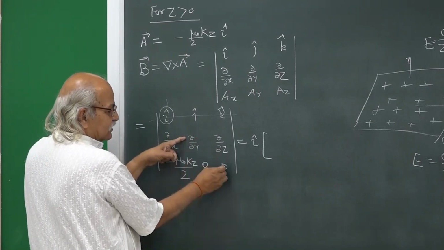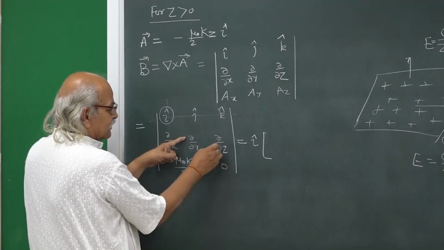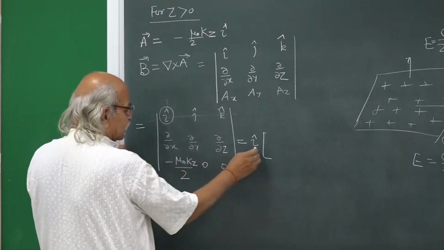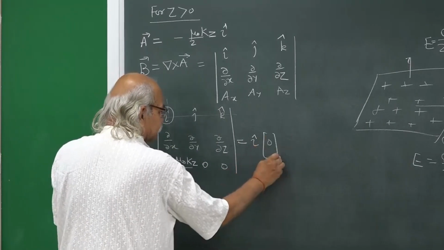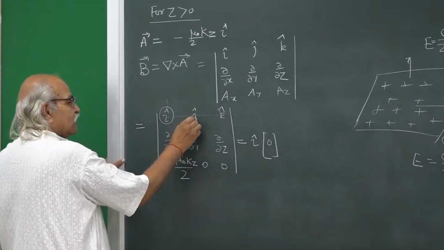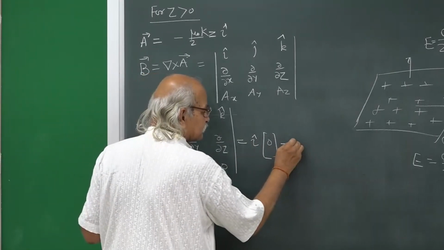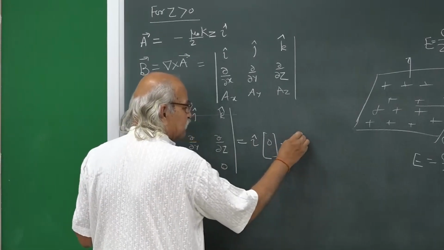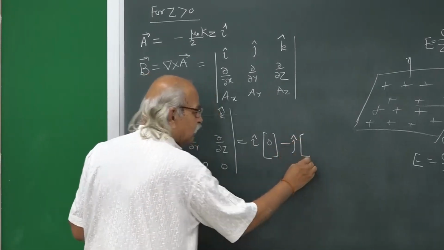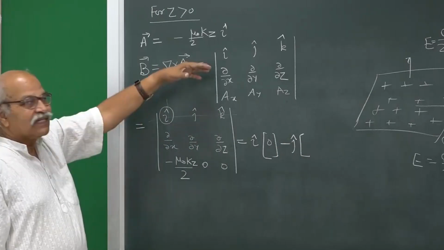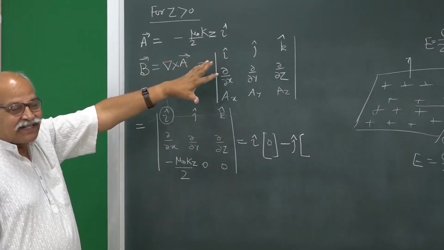Del y of this minus del z of this, so 0. So, this part is 0. Then you have minus j cap. I hope you remember how to open up a determinant in algebra.